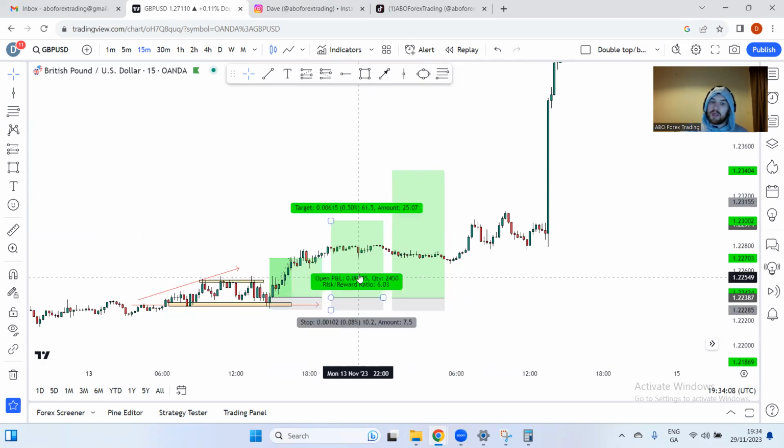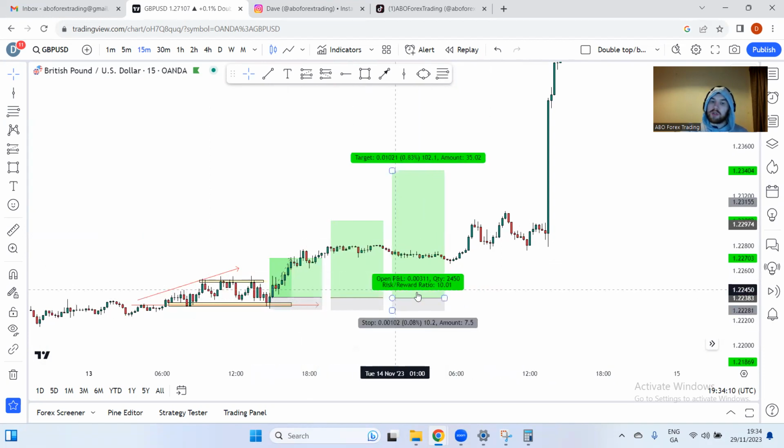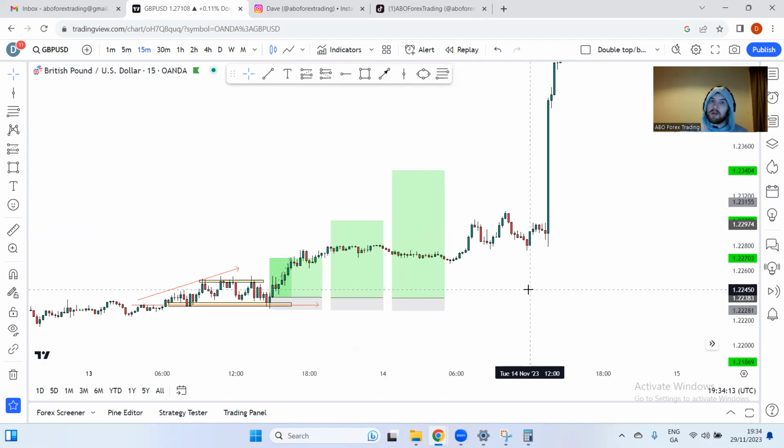If I risked 1% per trade for each of these trades, that would be 5 by 19, which would be 95% profit, minus the 3% for the trade I lost, 92% profit for those 5 trades.